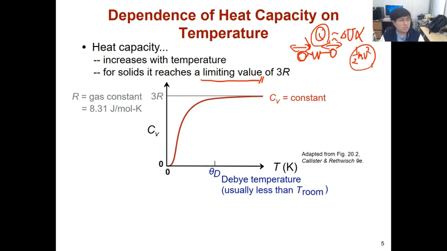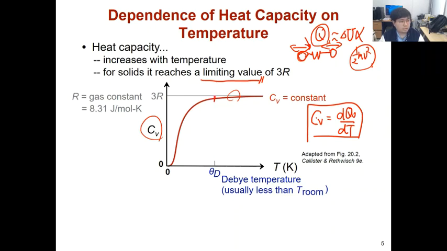In our previous slide we defined Cv like this, but we simply thought of it as a specific linear equation. However, the heat capacity varies with this linear behavior, and then a constant value is reached.